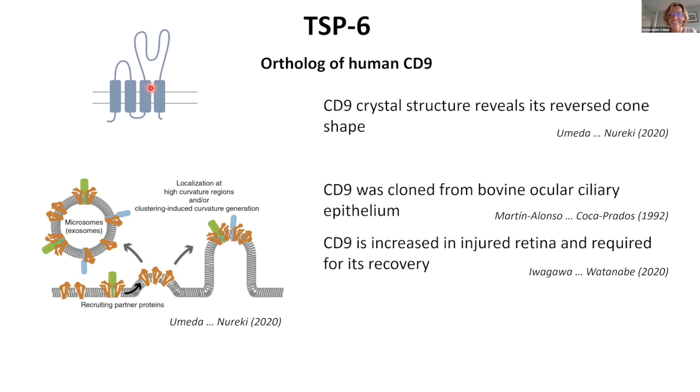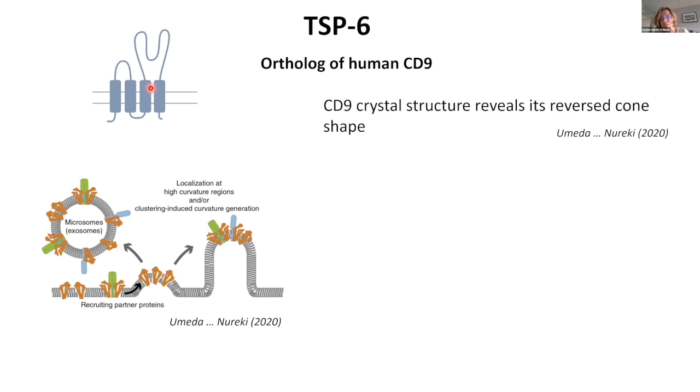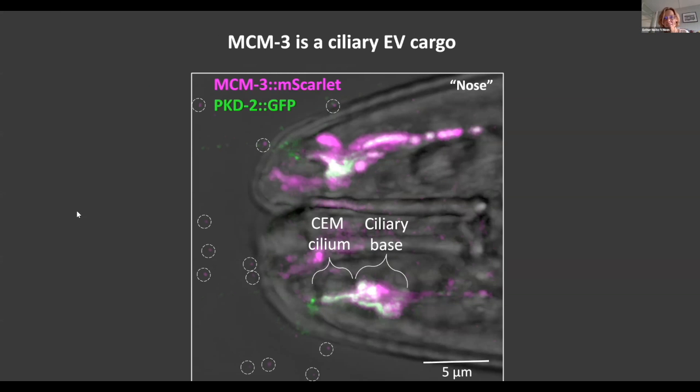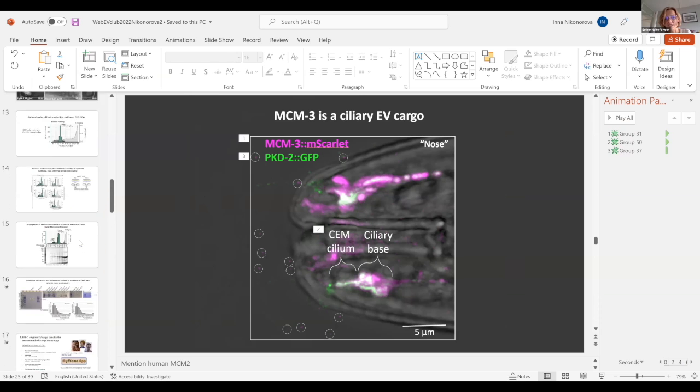Thank you, and thank you very much for this interesting presentation. Looking at the very beautiful pictures that you showed, something occurred to me, and I'm not really sure what I'm seeing, so I thought I'd better ask you. When you look at the PKD2 EVs, they seem to be all lining up like beads on a string, whereas the other stains seem to be randomly localized around the tip of the cilia.